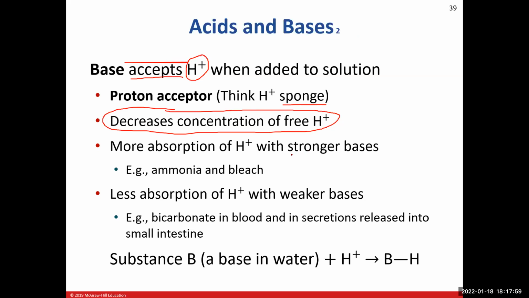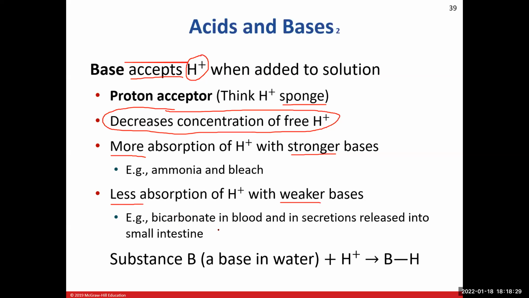With stronger bases, we see more absorption of the hydrogen ions. Bleach and ammonia make such great cleaners, folks, because they go around and suck all this stuff up. Weaker bases are less likely to absorb, but there's a time and a place for that, and we'll talk about it when we get into some of the buffers in your blood.